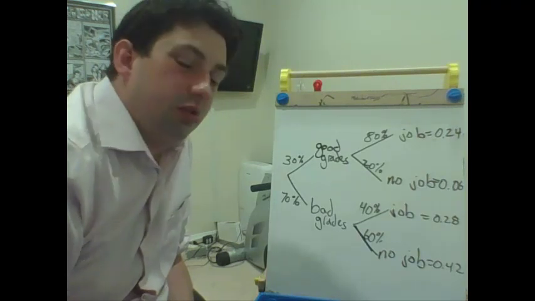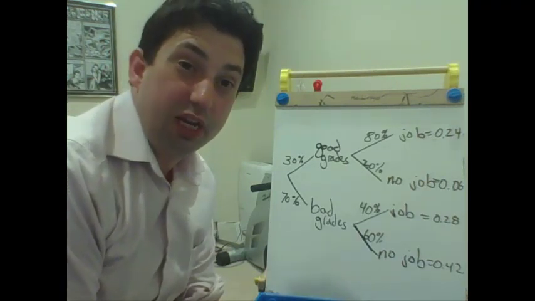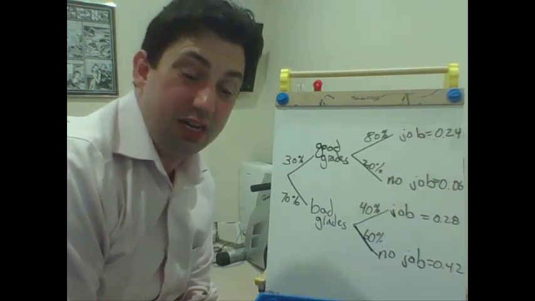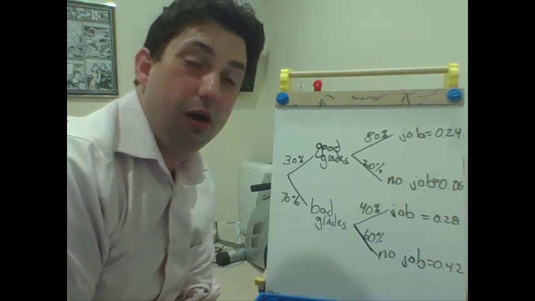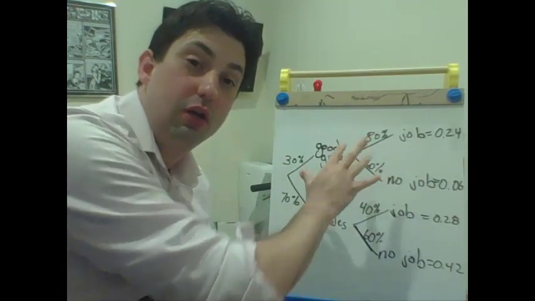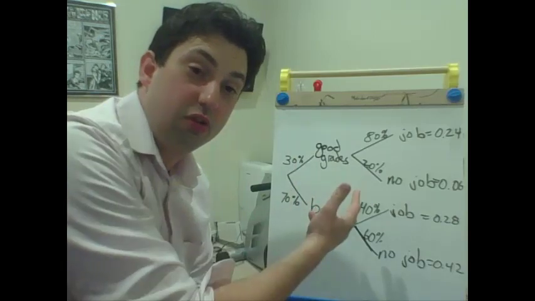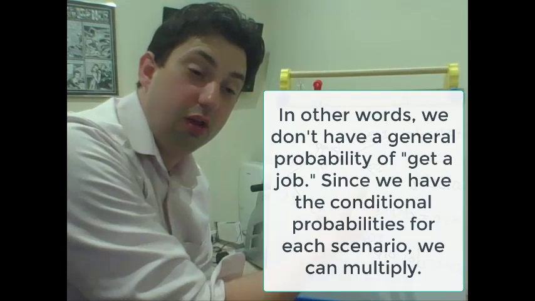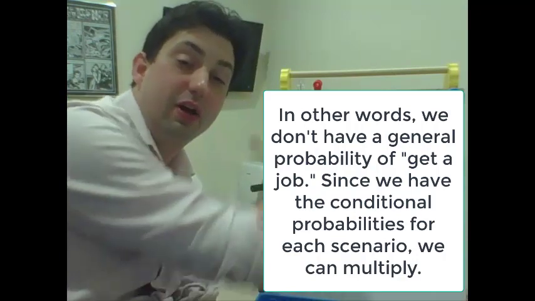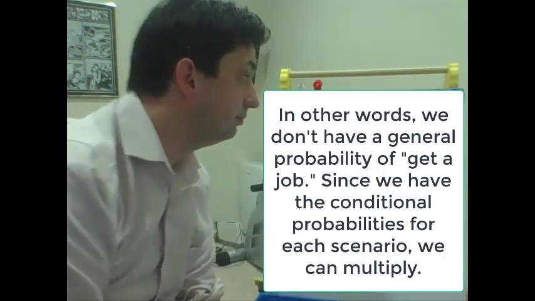We can multiply here because we know all the conditions. So even though it's not independent, when we drill down this much, when we can map out all the different scenarios, then it is, for our purposes, independent. Right? It's a probability that is essentially constant within the confines of the tree diagram.